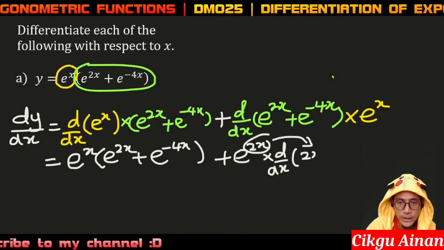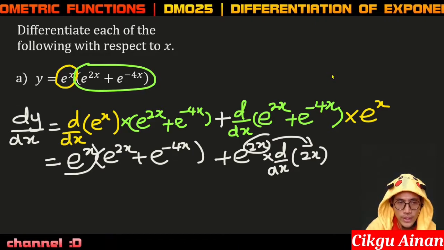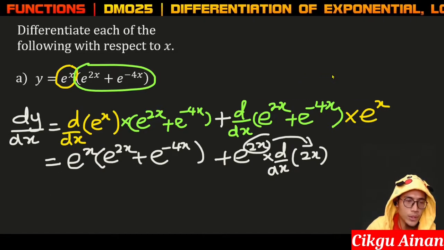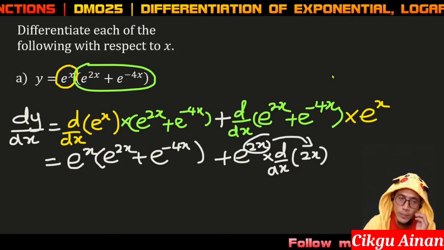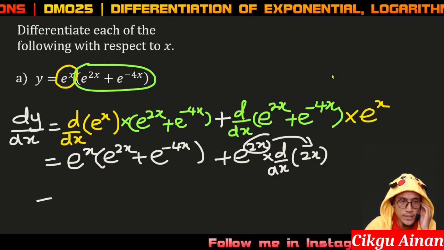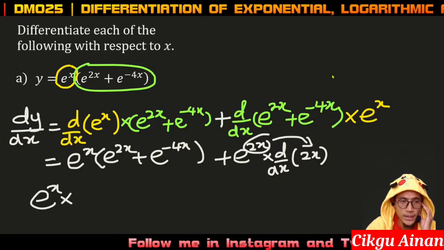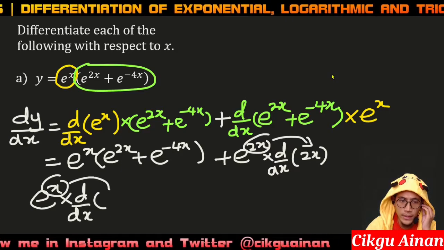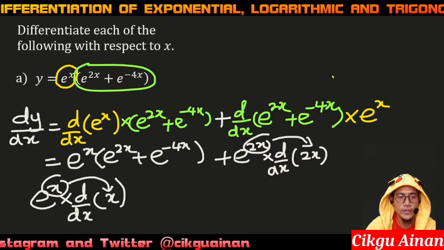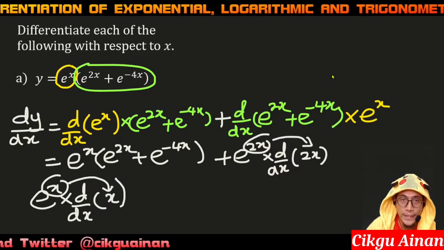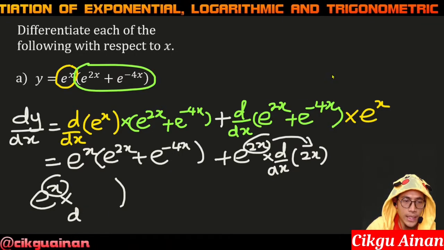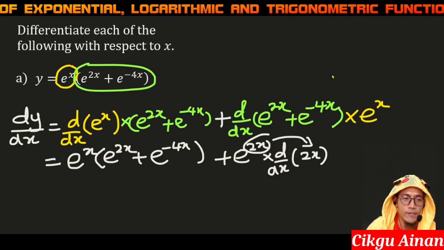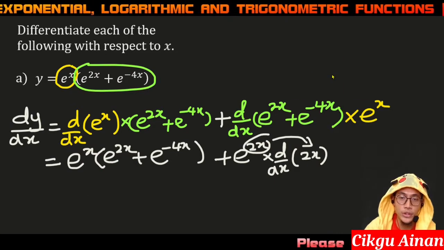For e to the power of x, we copy e^x back, multiply by the differentiation of the power, which becomes 1. And 1 multiplied by e^x is e^x itself. That's why I didn't bother to write it over there.